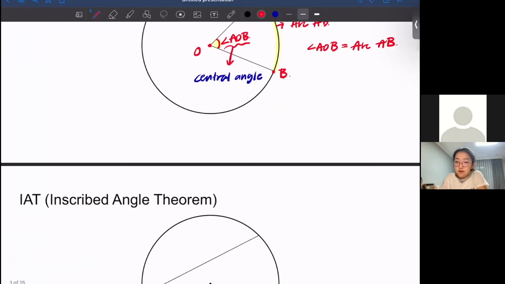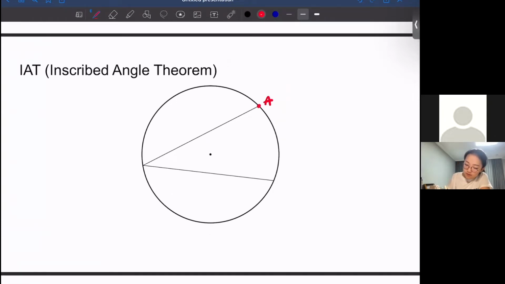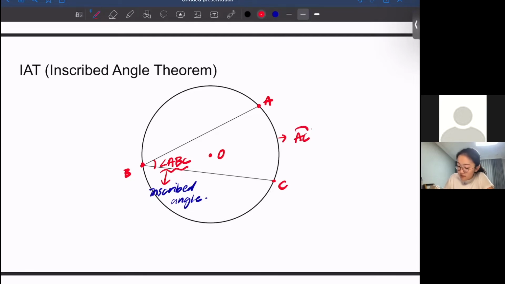The next is IAT, the inscribed angle theorem. Let's label the points as usual. Angle ABC is an inscribed angle. And this is, as you guys know, arc AC.